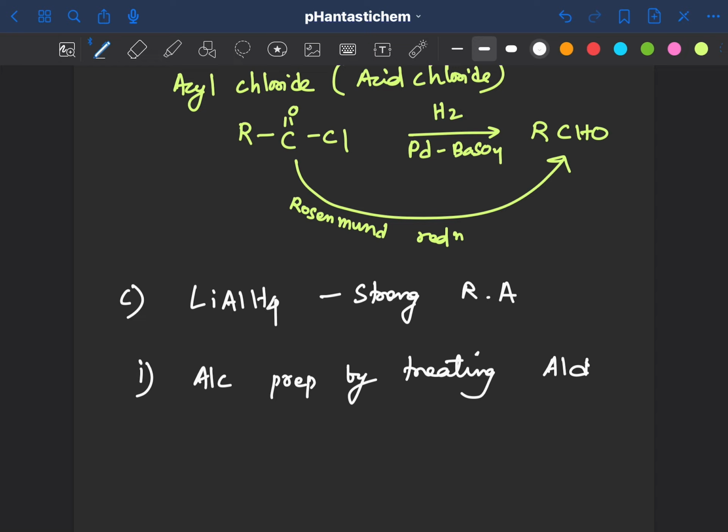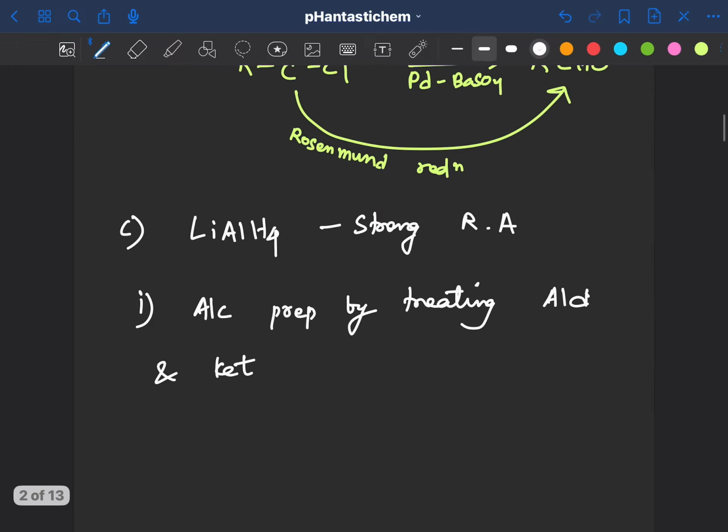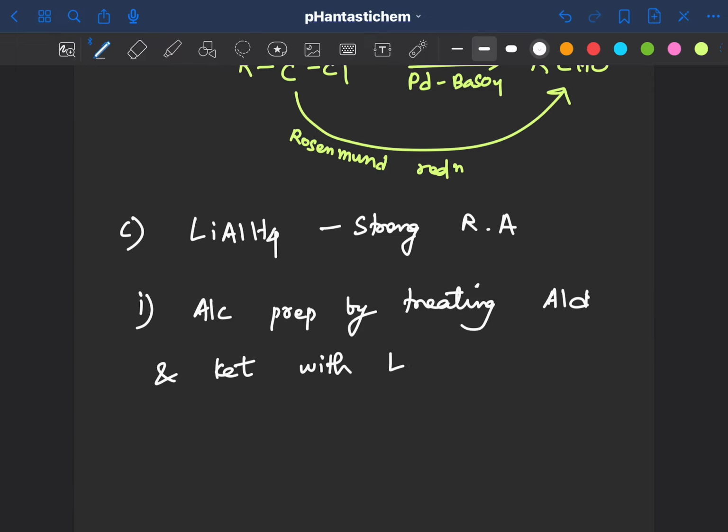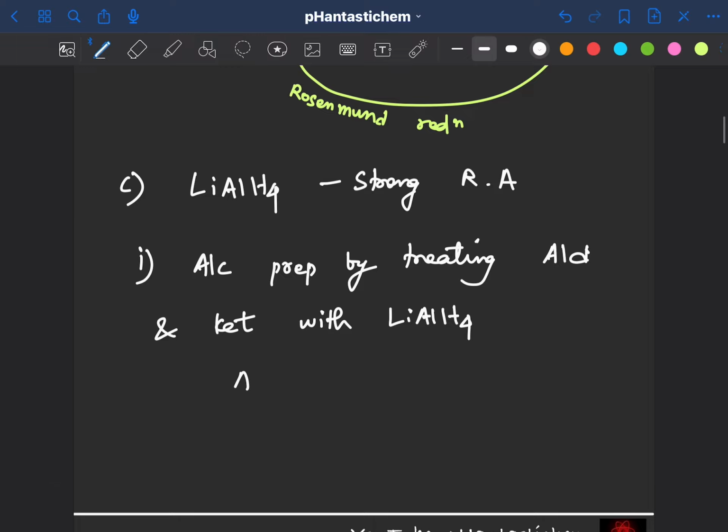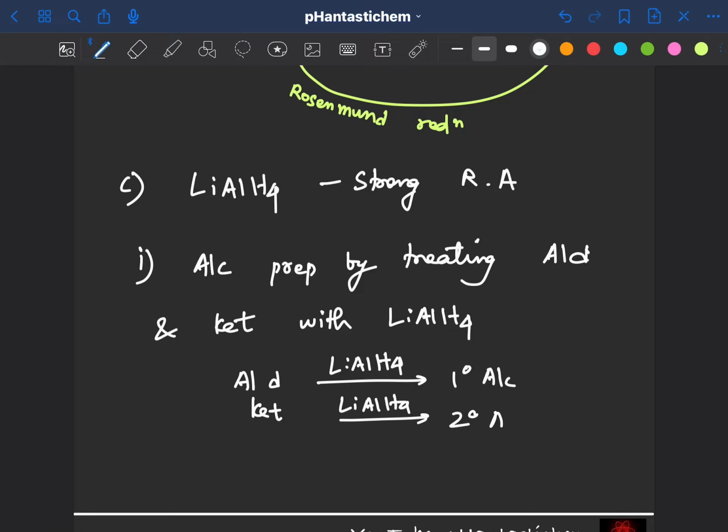If you have an aldehyde and use LiAlH4, you will get a 1 degree alcohol. If you have a ketone and use LiAlH4, you will get a 2 degree alcohol. This is very similar to sodium borohydride, that is NaBH4.